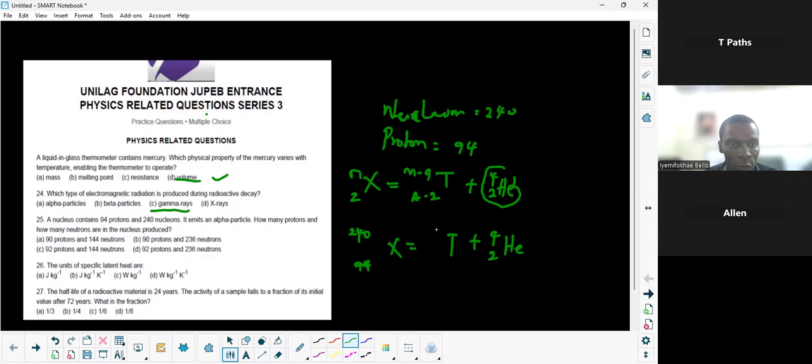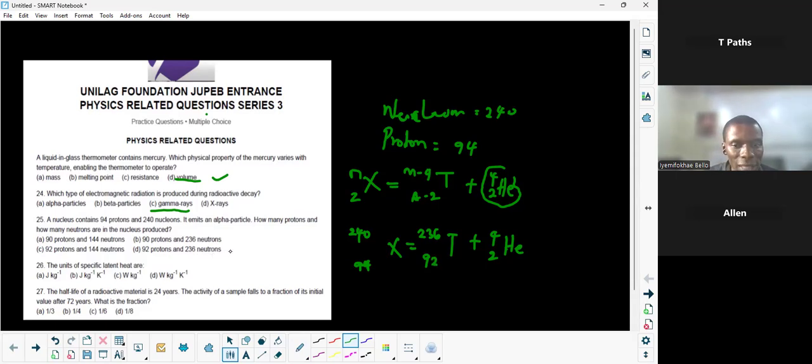So 240 minus 4 is going to give us 236. The Z, which is your proton number, is 94. 94 minus 2 is going to give you 92.